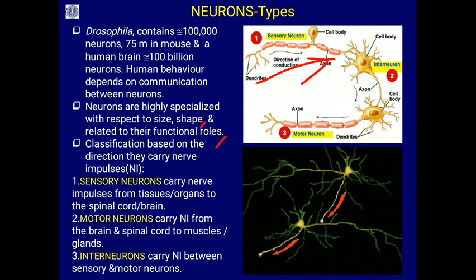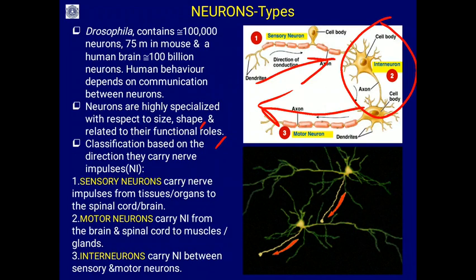If you think this is the central nervous system, they carry the message from the central nervous system to the muscle to contract, or to the gland to release hormones. That is what you can see, the motor neurons.